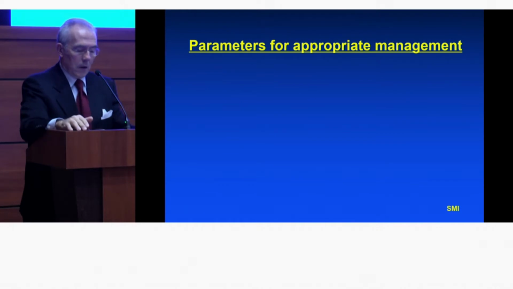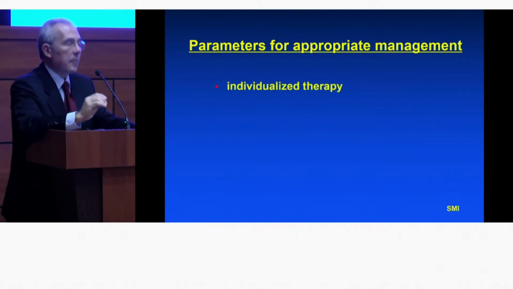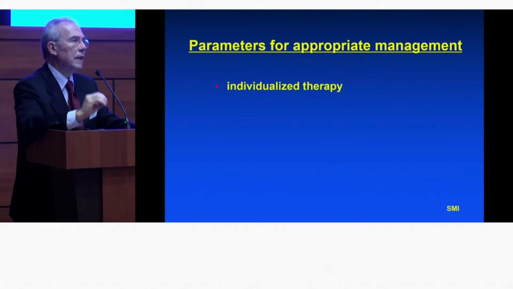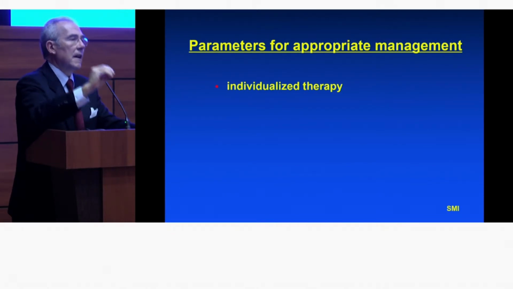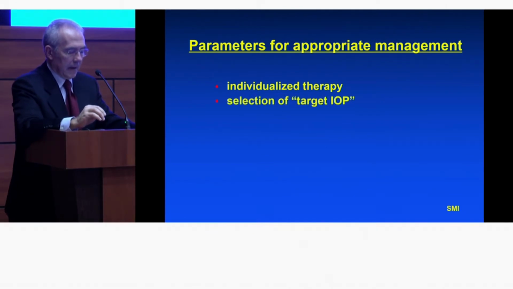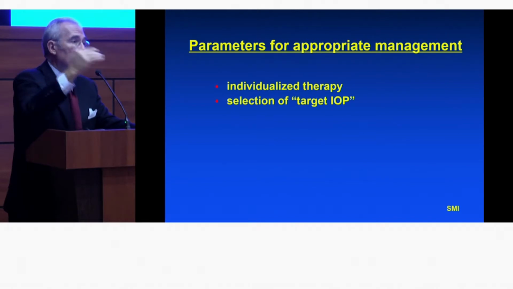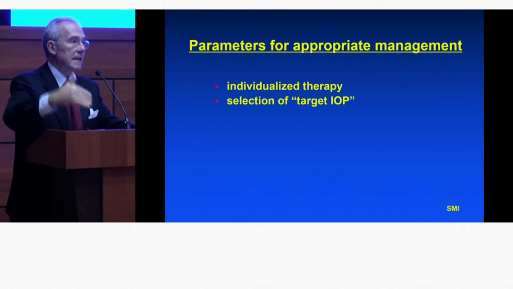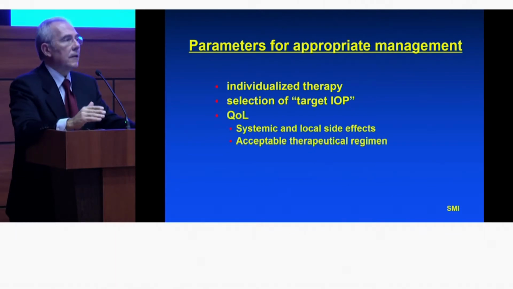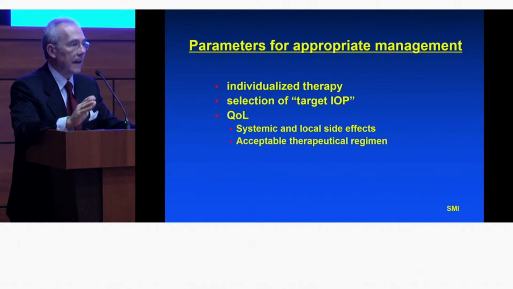So, which are the parameters for appropriate management of our glaucoma patients? First of all, we have to think to individualize the therapy, because each patient is different from another patient. Second, we need to select a target IOP depending on those parameters that we know: the stage of the disease, the IOP at baseline, and so on. We have to think about the quality of life, because we may have systemic and local side effects from drug therapy.